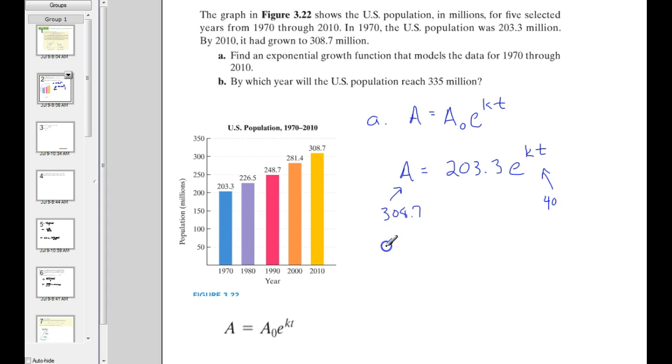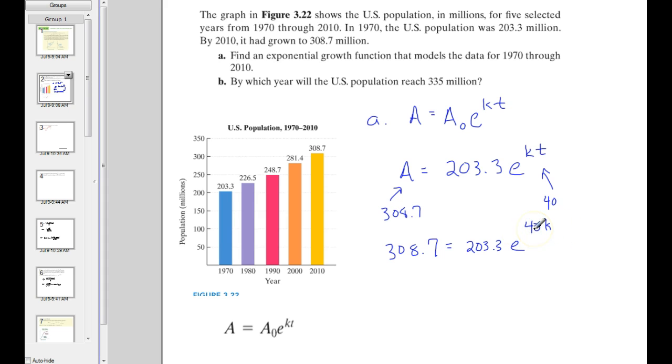Alright, and once we set up that equation, 308.7 equals 203.3 e to the k times 40. I'm going to rewrite that as 40k, just because that's the more standard way to write a number times a variable.